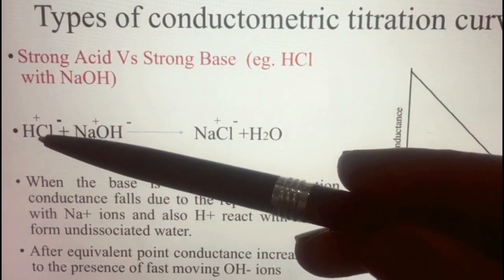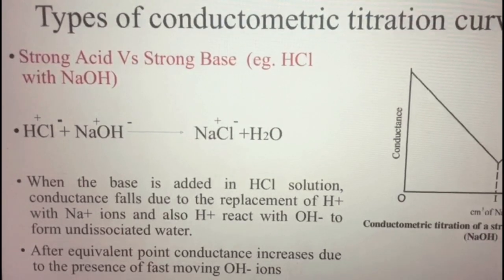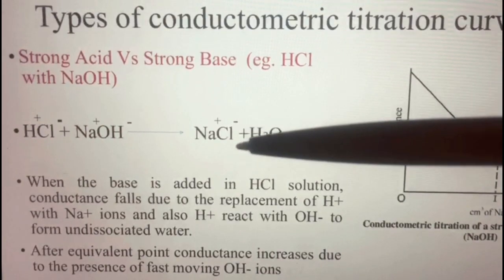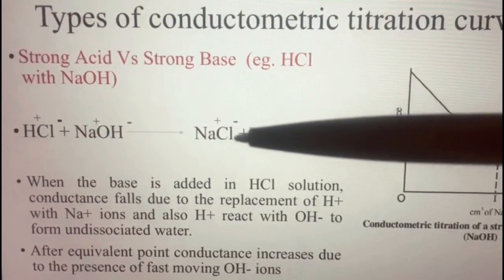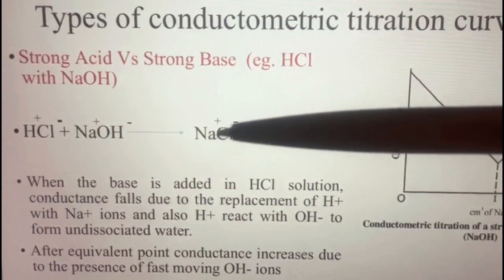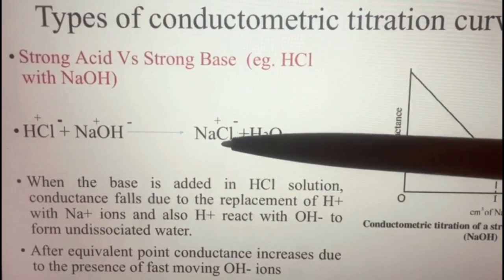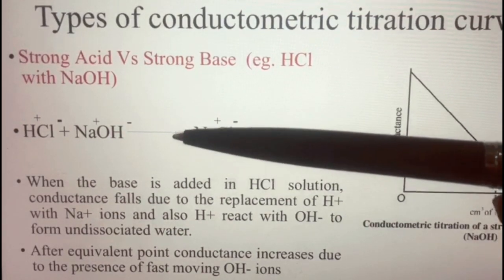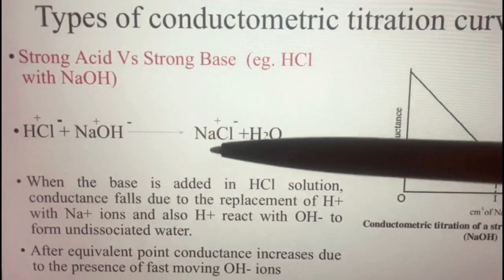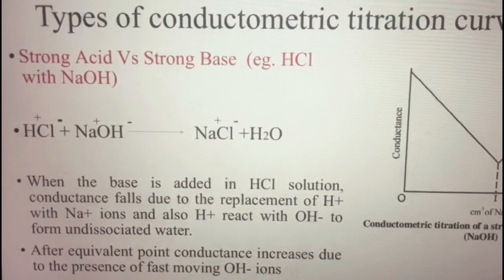This H+ will react with this OH- and form water, and this water is undissociated. Then Na+ and Cl- will form NaCl. This NaCl is an electrolyte, so it is completely ionized. Here the H+ will be replaced with Na+. H+ is a fast moving ion, while Na+ is a slow moving ion. So the conductance will decrease, as the mobility of Na+ is very much lower than the mobility of H+.